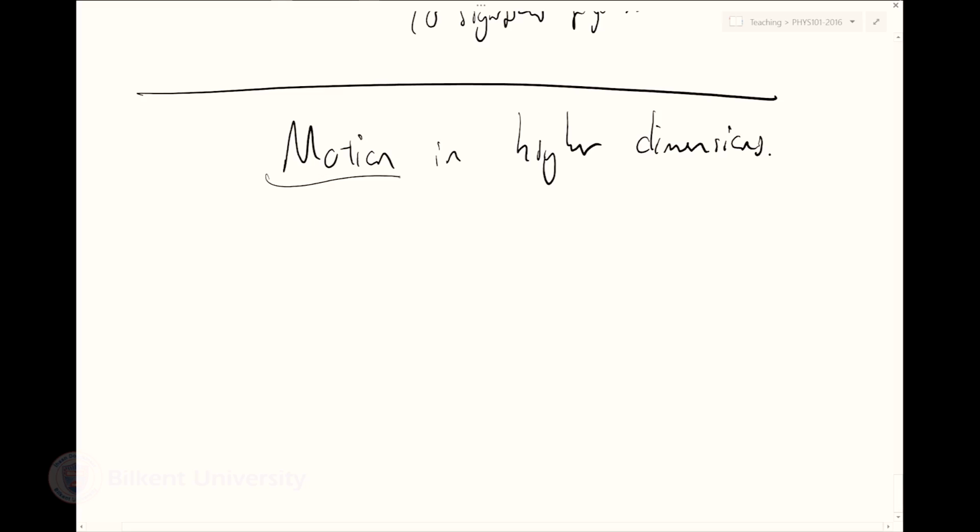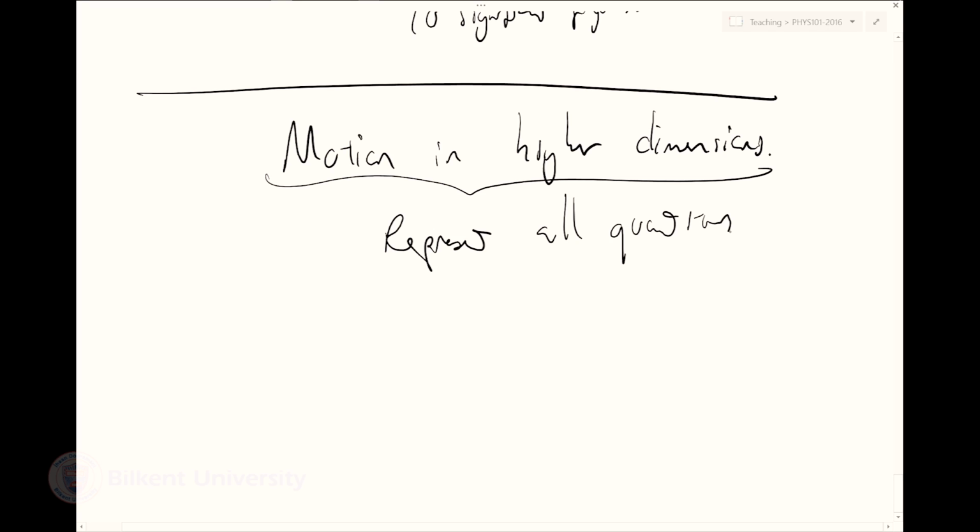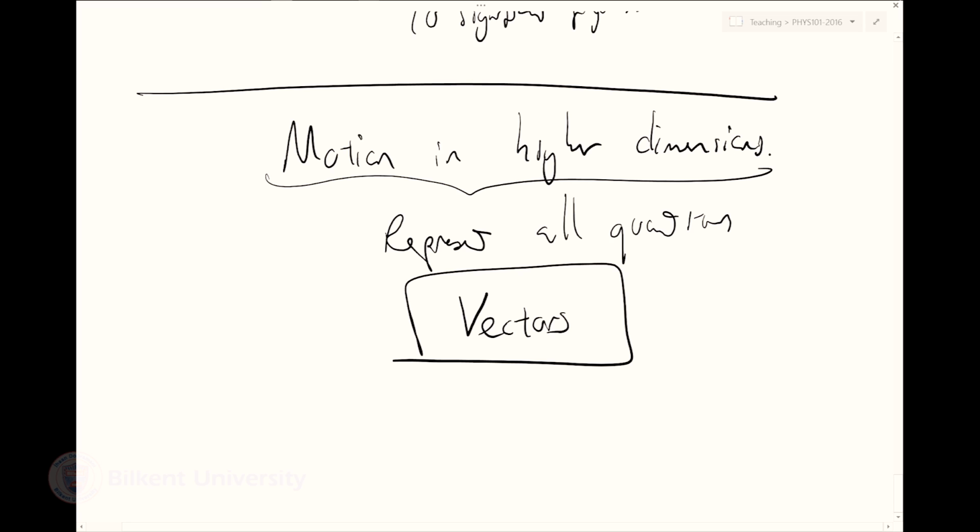So to do this mathematics, we need a way to represent all quantities not as just numbers. Our velocity, our acceleration so far has been just a number. Now we must represent all our quantities as vectors.